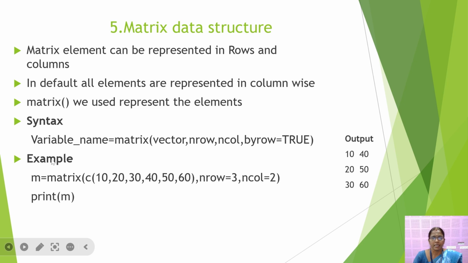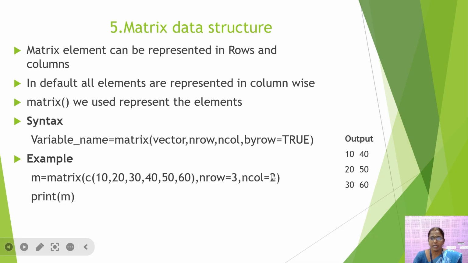For example, the matrix function can be used to represent the elements in the form of a matrix: 10, 20, 30, 40, 50 and 60. This is the vector element. Here nrow equal to 3 means all the elements are represented in 3 rows, and ncol is 2 columns.